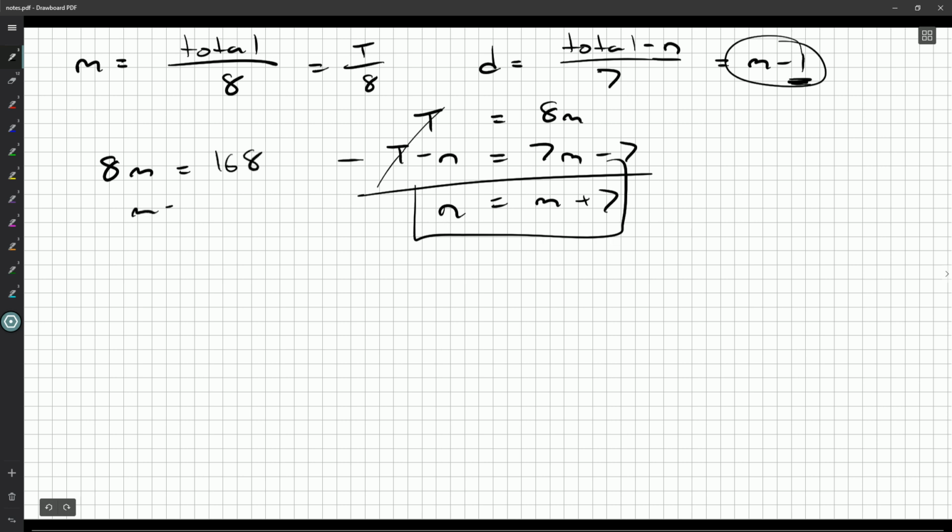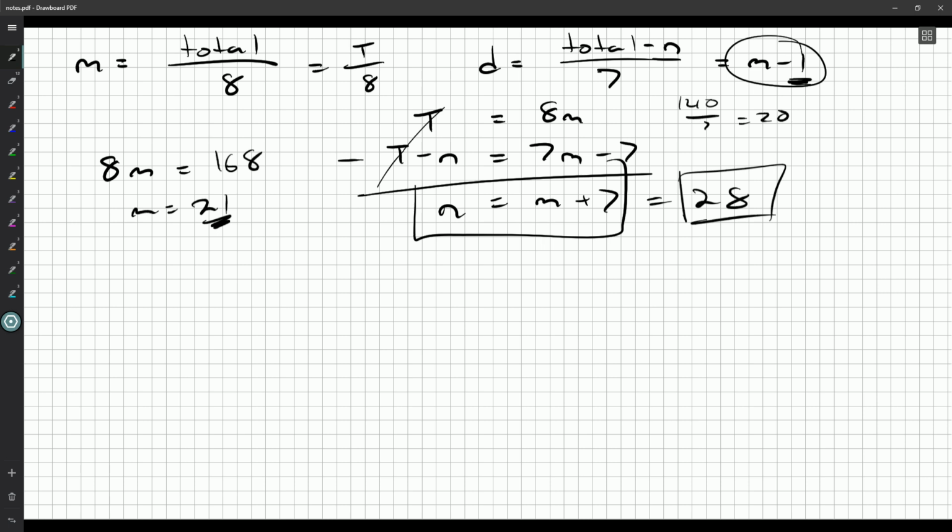Divide that by 8, m is 21, and so 21 plus 7, the number we remove is that 28 that I happened to leave till the end. Removing the 28, our total would be 140 divided by 7, which is 20, and Daphne's average of 20 is less than Michelle's 21. So 28 is the correct answer, and it's a light bulb, so that's all we need to do.